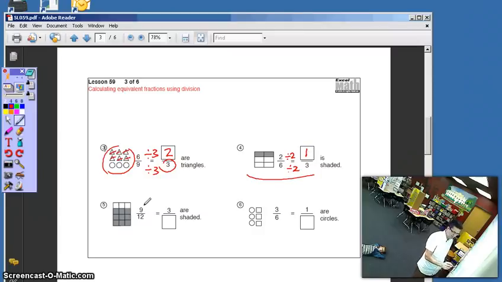To go from 9, we change the denominator, and we do 9 divided by 3 is 3, so 12 divided by 3 is equal to 4. And try number 6, turn the video off and then turn it back on when you're ready to see the solution. To go from 3 to 1, we're going to divide by 3, so 6 divided by 3 is equal to 2.